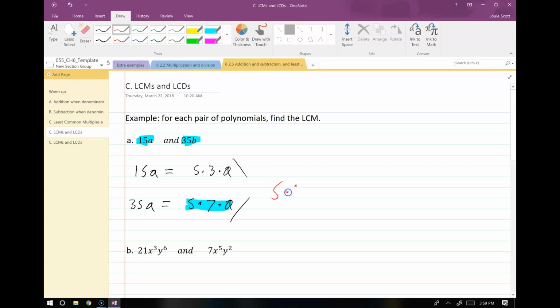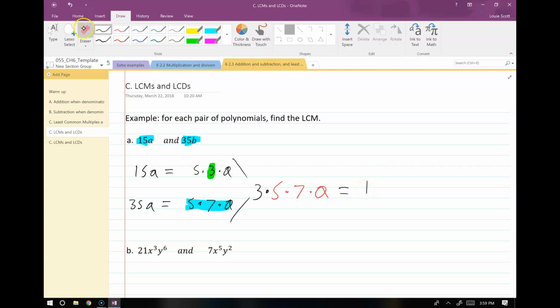So we chose one. We write it out, 5 times 7 times a, and then we say, what is it missing from the other? Only thing it's missing is a 3. So we multiply that in, times 3. So that'll give us, B. I think, oh, is it B?